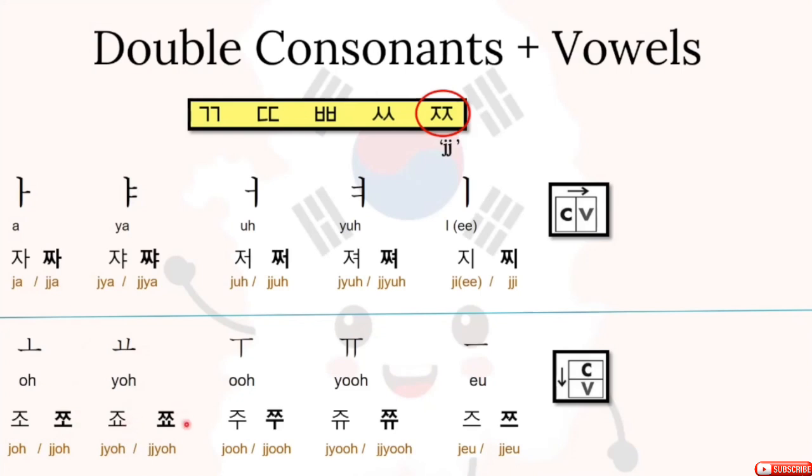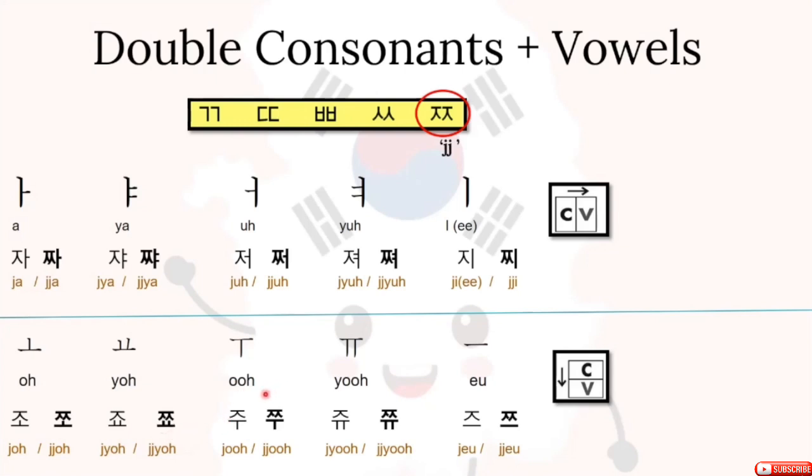Now the double consonant jo, jo. Once again, this sounds pretty similar to the first one. So you won't be able to distinguish the difference for now, but that's okay. Just know that they're written differently and they sound a little bit different. But it'll be pretty hard to distinguish for now. But that's okay. So jo, jo.